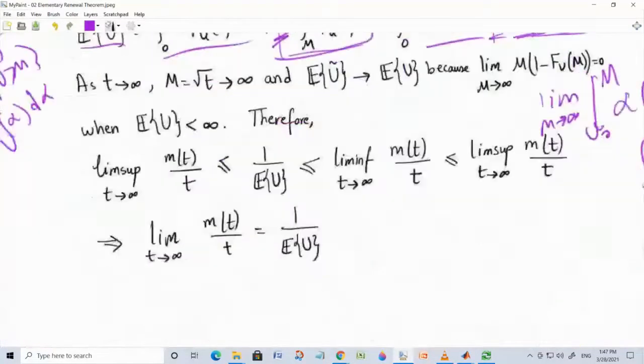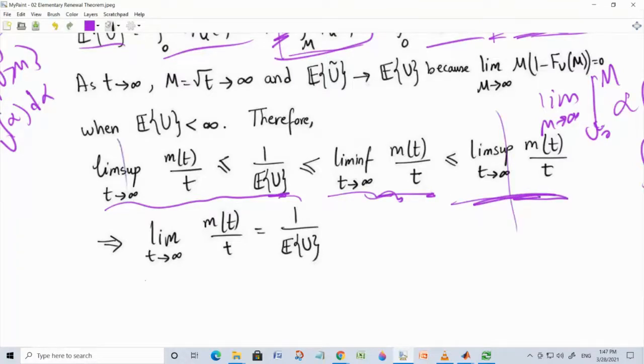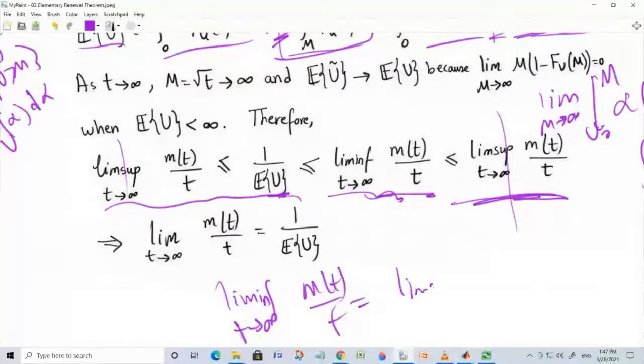So you take the limit supremum. I am writing it here in a different way. So the limit supremum is less than this guy, but from above this is less than or equal to the limit infimum, which is less than or equal to the limit supremum. Once you have this chain of inequalities and these two guys are the same, then everything is the same, and so the lim inf as t goes to infinity of m of t over t is equal to the lim sup as t goes to infinity of m of t over t.